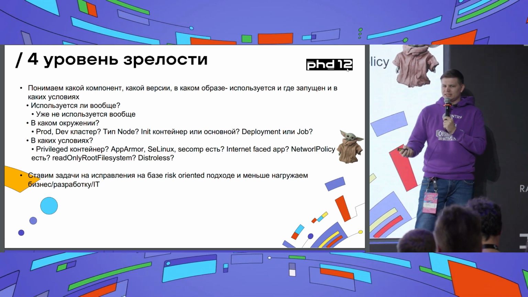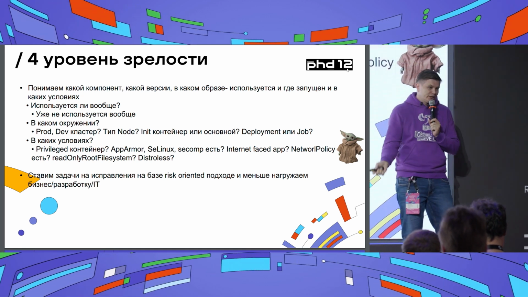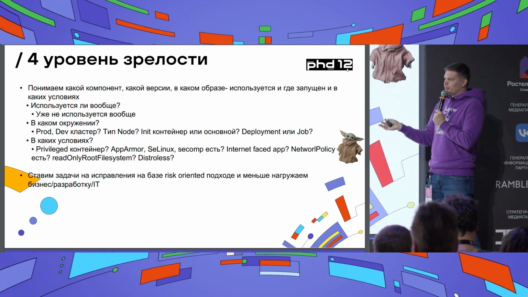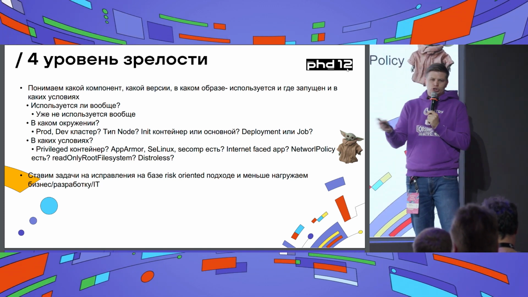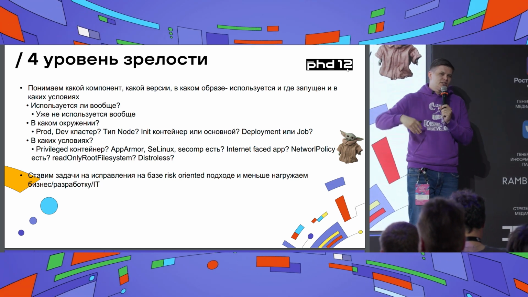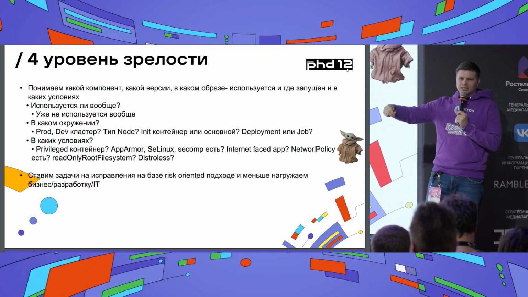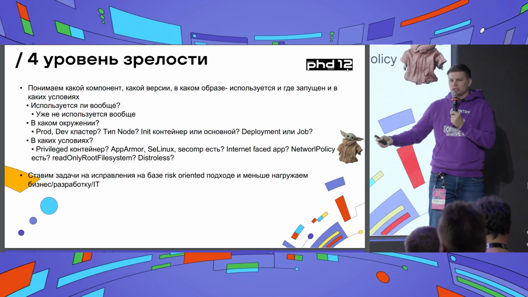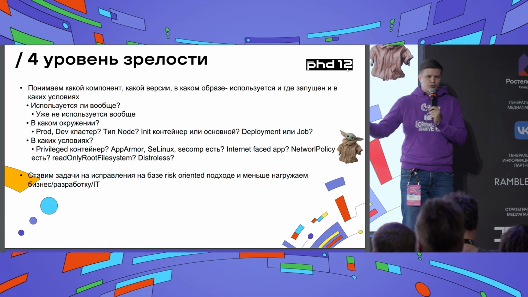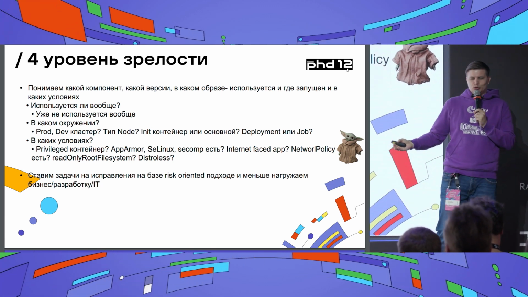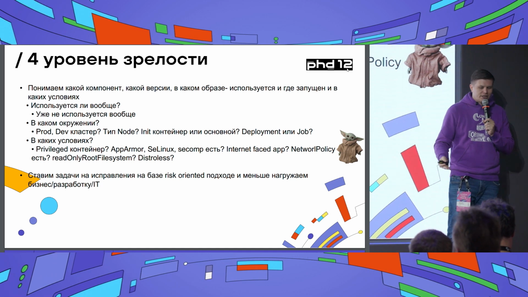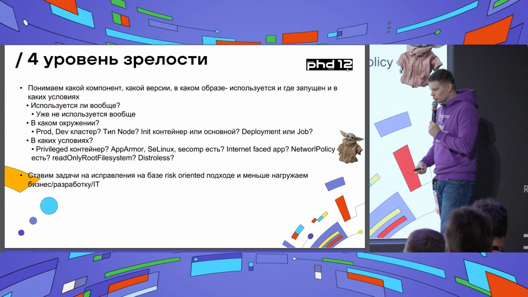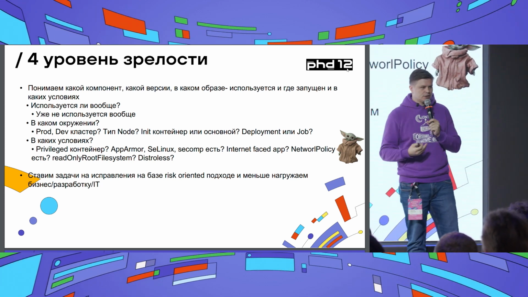So the vulnerability was exploited, but hackers couldn't do anything more. They couldn't harm the bank. Interesting. Of course, it was available for external exploitation, but no one could hurt the company.